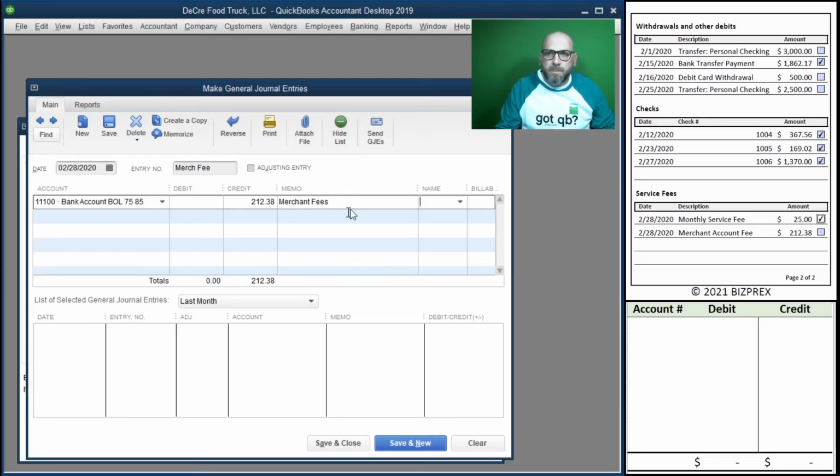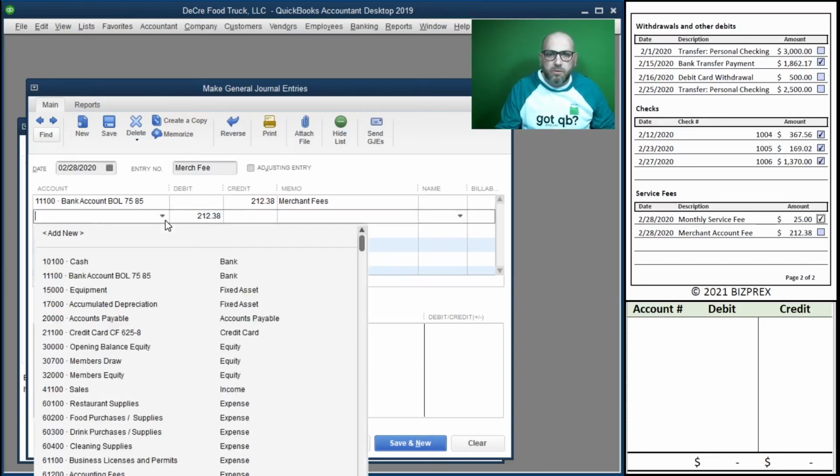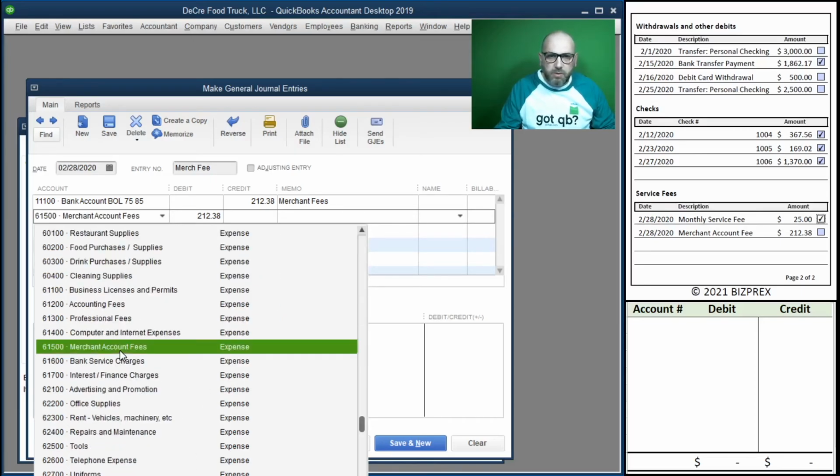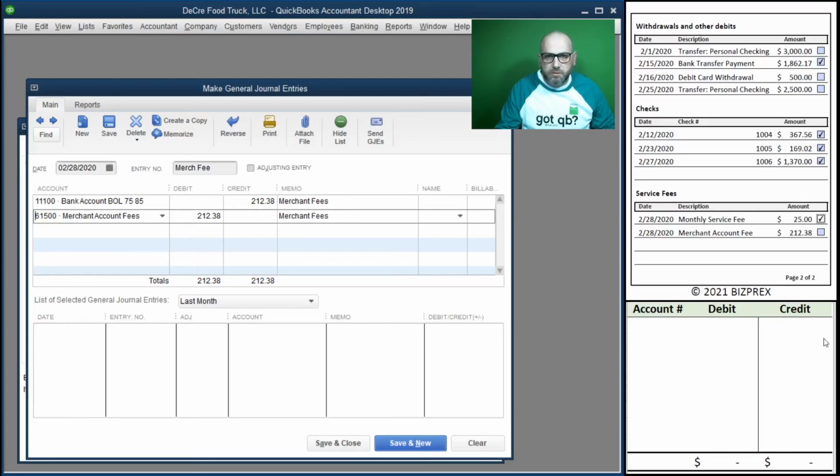And we also know that our expenses are going up, our merchant account fee expenses going up. So again, in this case, with general journal entry interface, it's pretty straightforward, but I'm still going to do it just for consistency. All right, see, it's in balance. Everything is in balance. Debits, credits, we're good to go. We're going to save and close. That's the last entry that we're booking.